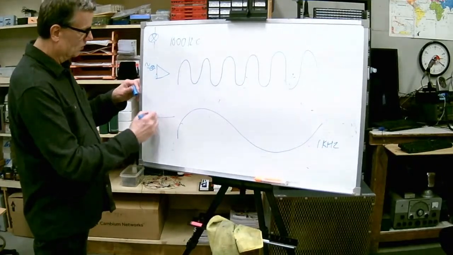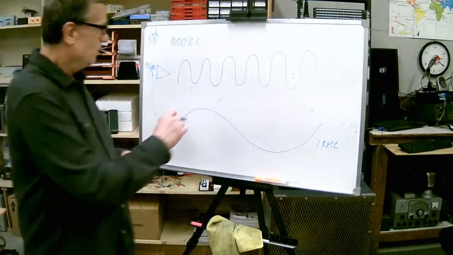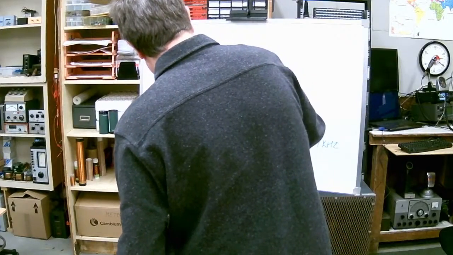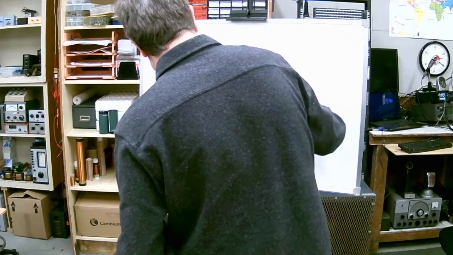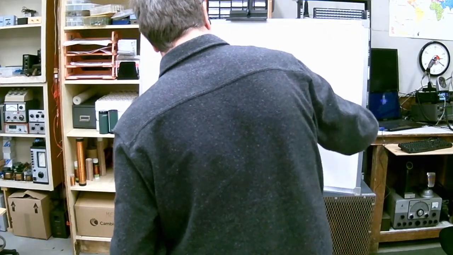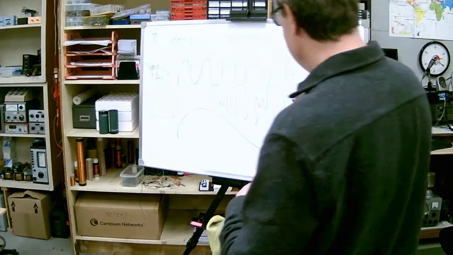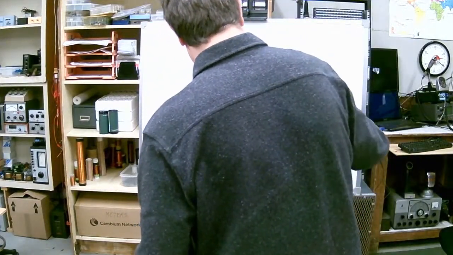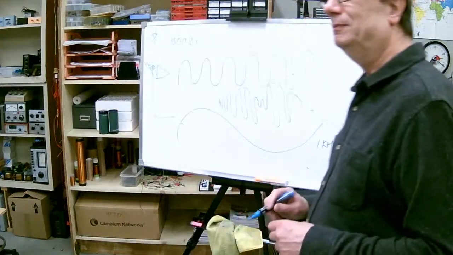So we can take this signal here, put it here, and now we have a composite of this, which is a radio frequency where the amplitude increases and decreases, but the frequency stays the same. What we want to do is recover this. When we receive, we want to recover the outline of that.